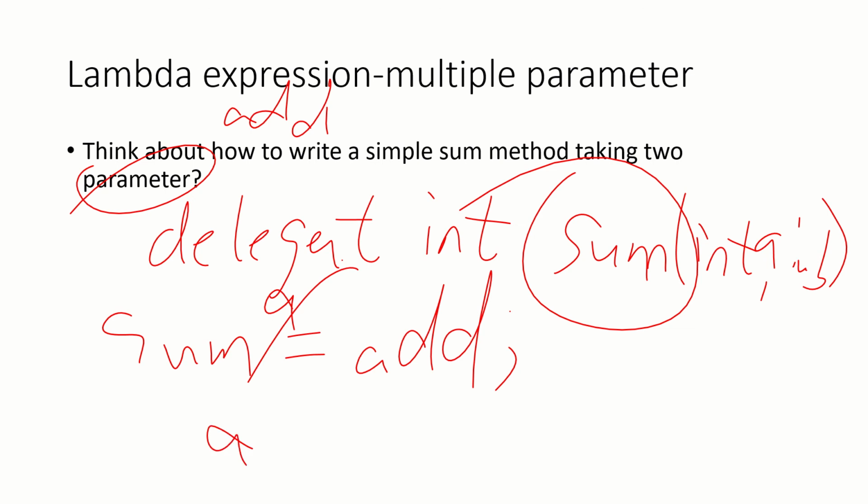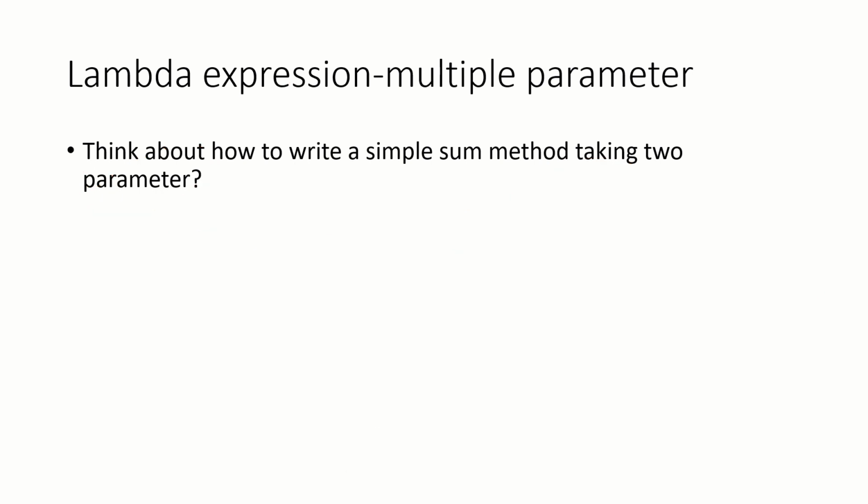Then you call A with 5, 5, right? That's the traditional way, right? We're using a delegation, correct? If we try using the lambda, how can we do it?